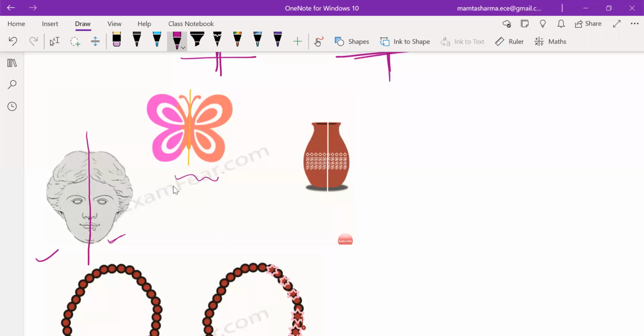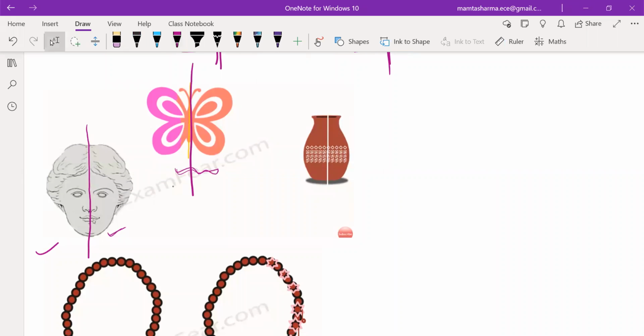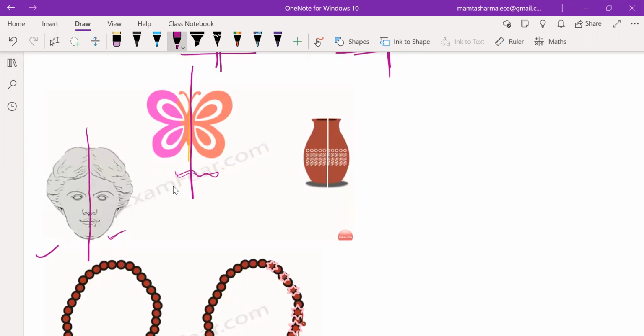Now in the butterfly, you might have seen a butterfly. If you draw this line, you could see that this line divides this butterfly into two equal halves, two equal parts. So there is a symmetry in the structure of butterfly also. Now see, instead of this vertical line, I can draw this horizontal line also.